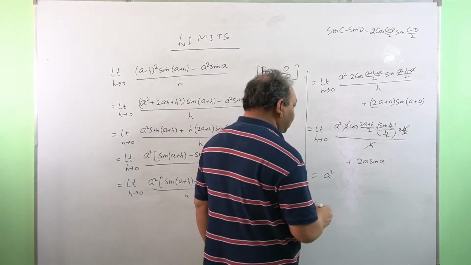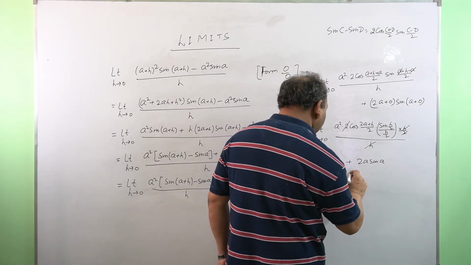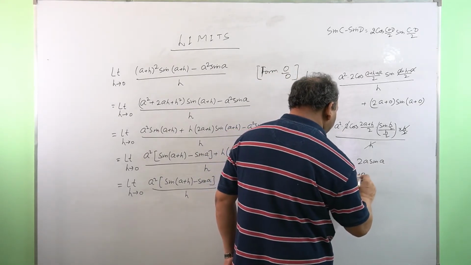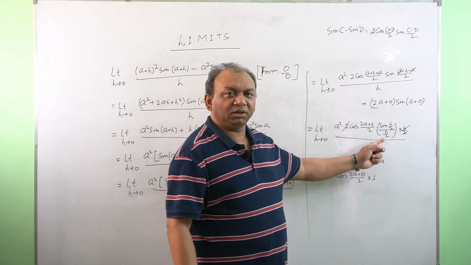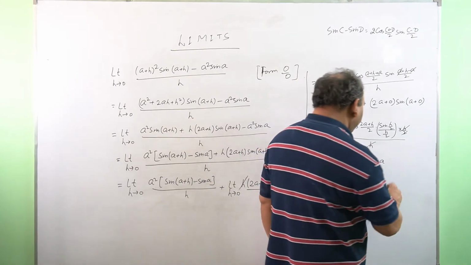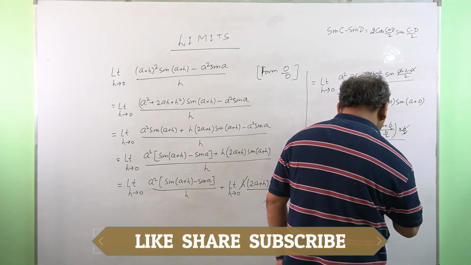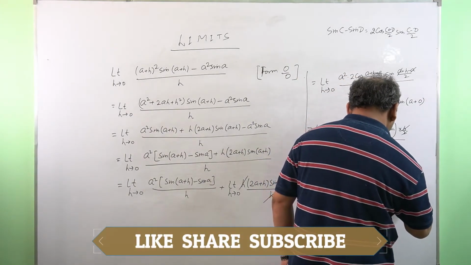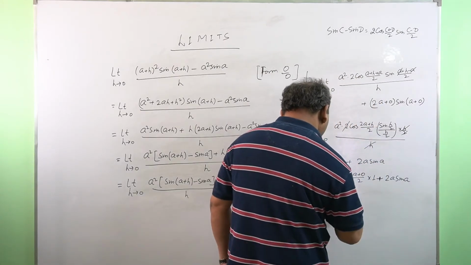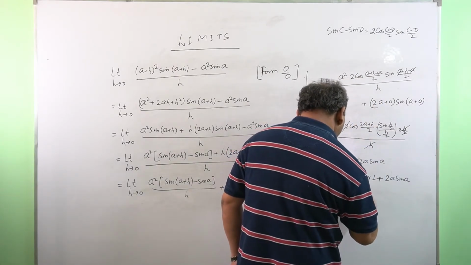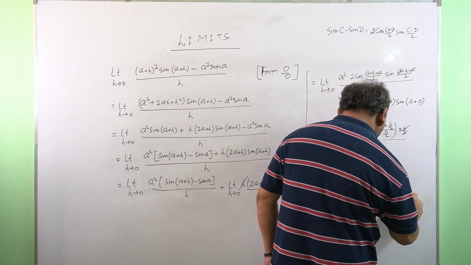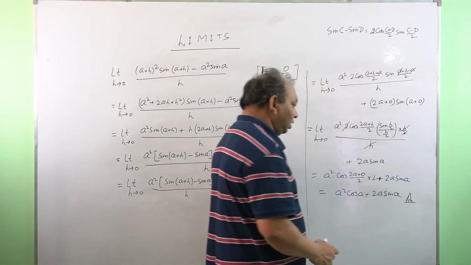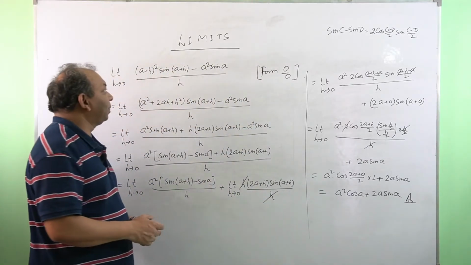This becomes a² into cos((2a + 0)/2) into 1, because we know that sin θ by θ is equal to 1, plus 2a sin a. So this becomes a² cos a + 2a sin a. This is the required answer of this limit.